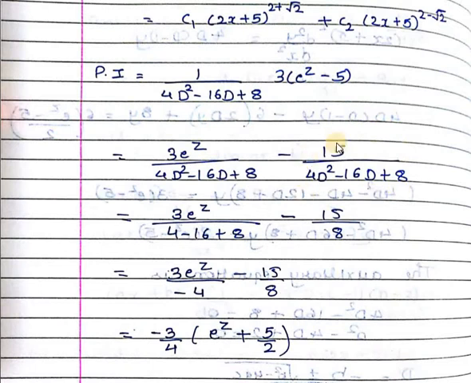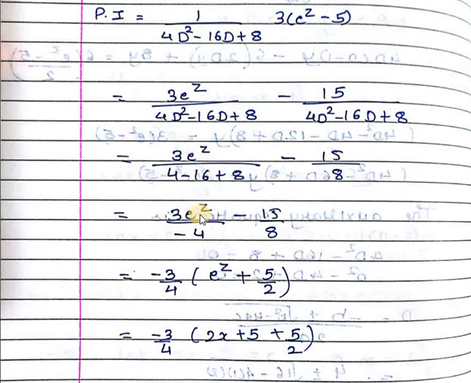So here, using case 1 of PI, we will have to replace D by a, and here the value of a is 0. Therefore we will replace D by 0. So this will be −15/(0 − 0 + 8). So it will be −15/8. Here, simplifying further, it will be 3e^z/(−4) − 15/8.